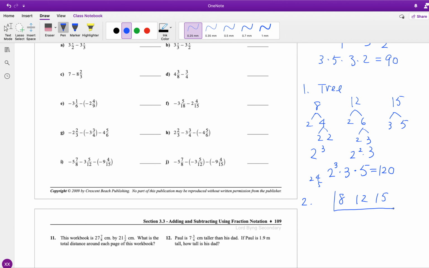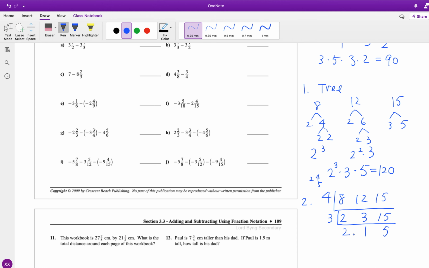Okay? Now, using the next way, okay, let's write the three numbers together, 8, 12, and 15. And then divide by, say, 4. 4, and that is 2, and that's 3. Okay, 15, no way I can do it, that's fine. However, now between 3 and 15, I still can divide by 3, great. Now 2, I cannot do anything, put it down, and then that's 1, and then that is 5.